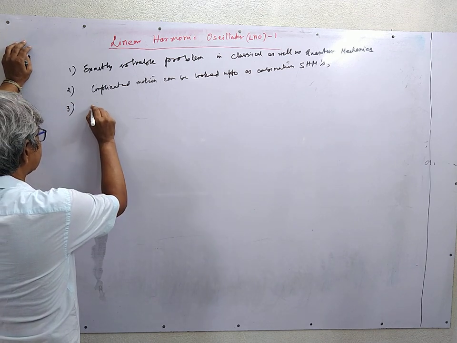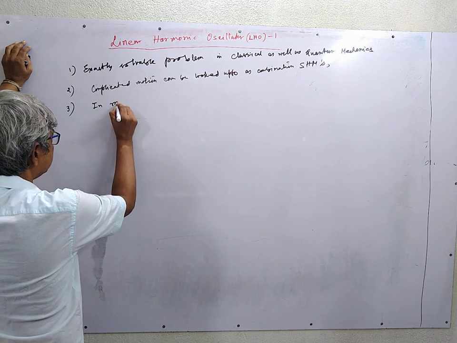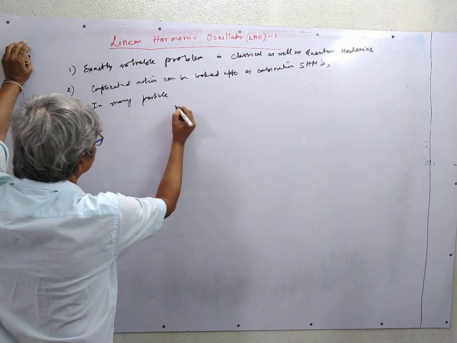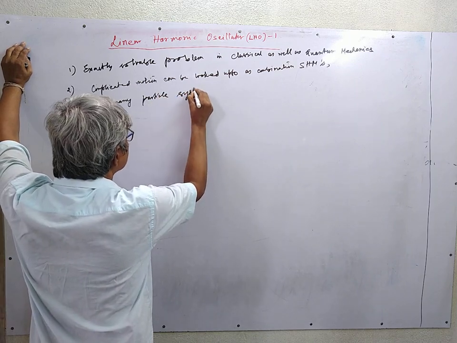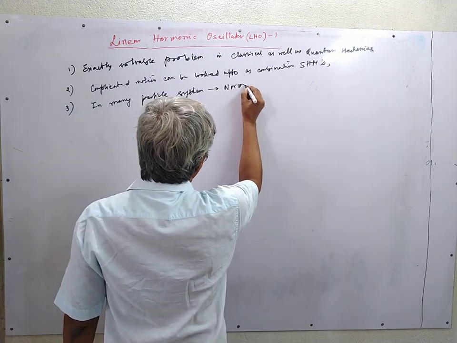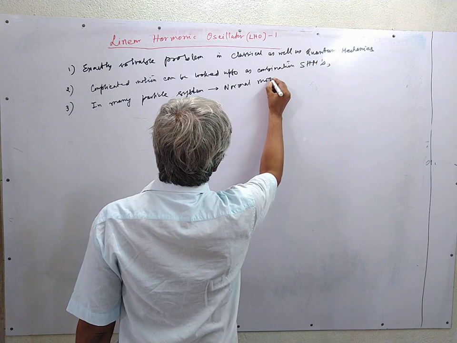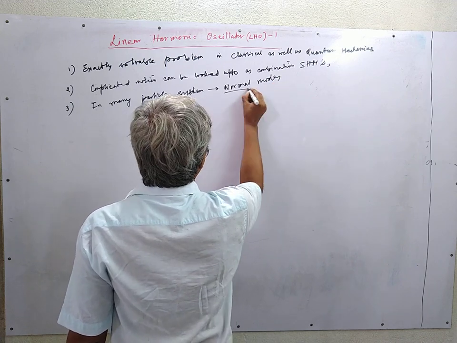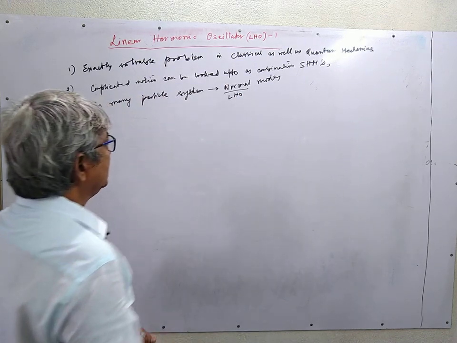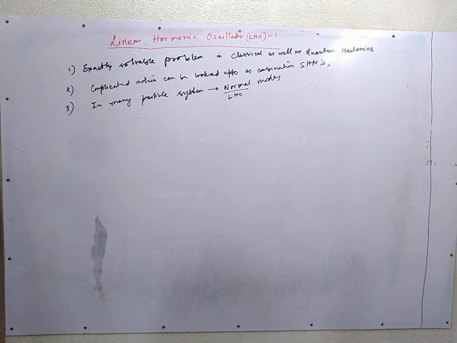In many particle systems, there is a technique called normal modes, where each of the mode is an LHO. If you consider a solid comprising of a large number of atoms, then these atoms are interacting among themselves.